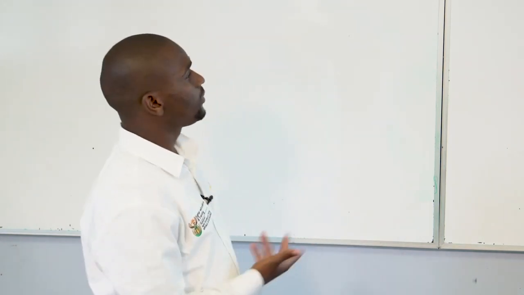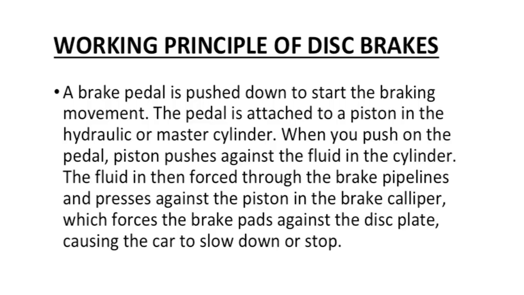Now the working principle of a disc brake: a brake pedal is pushed down to start the braking movement. The pedal is attached to the piston in the hydraulic or master cylinder. When you push the pedal, the piston pushes against the fluid in the cylinder.